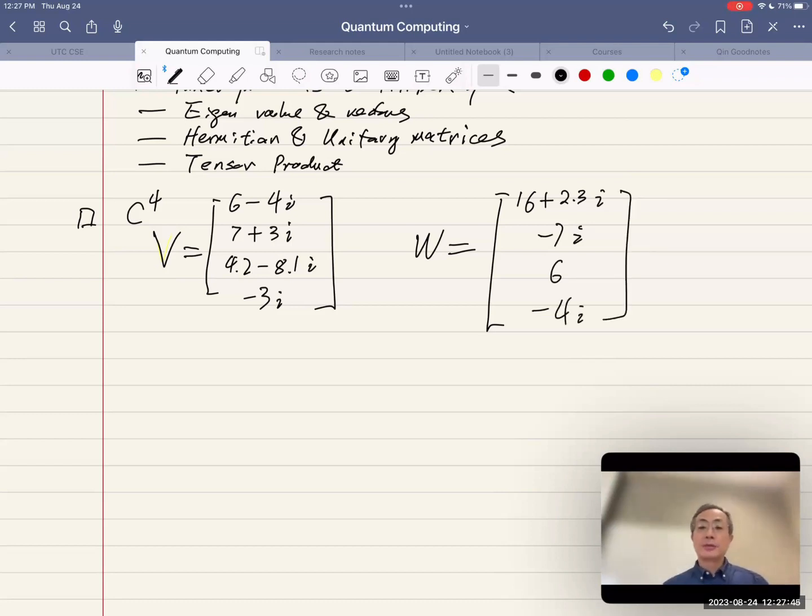So the first property will be something called commutative again. So in this case, we can show v plus w. Actually, we need another one.